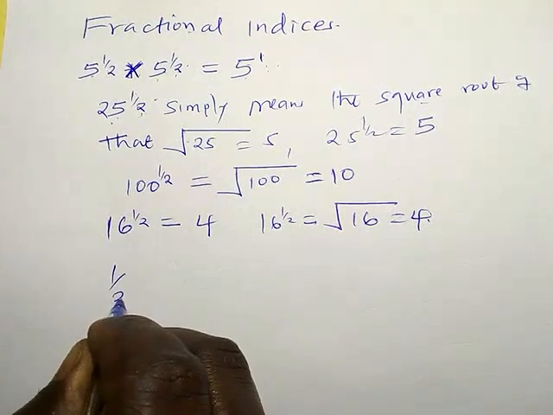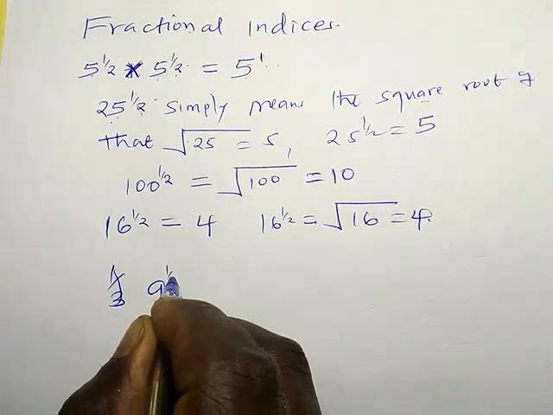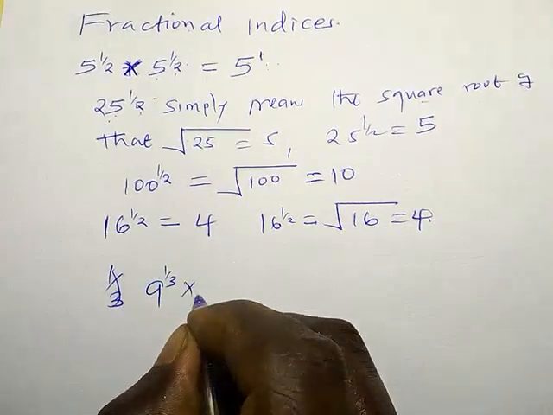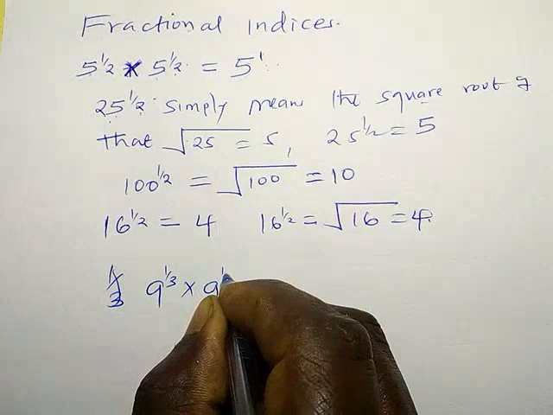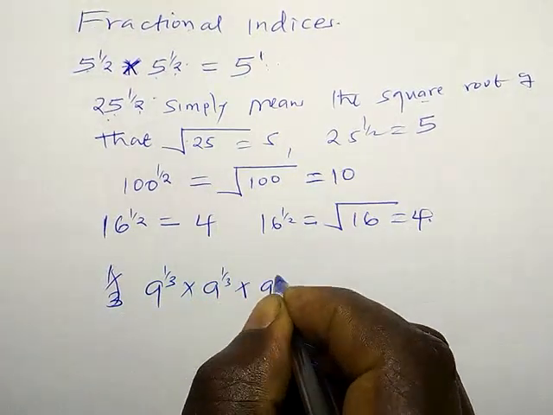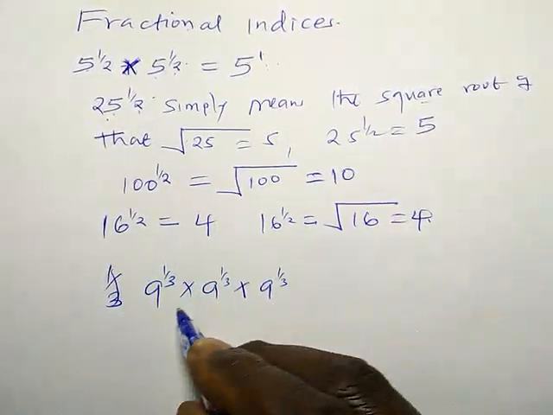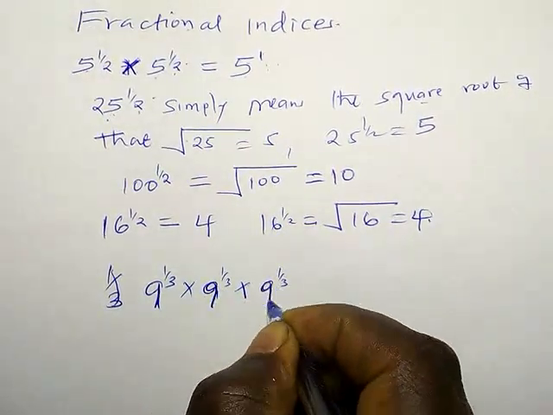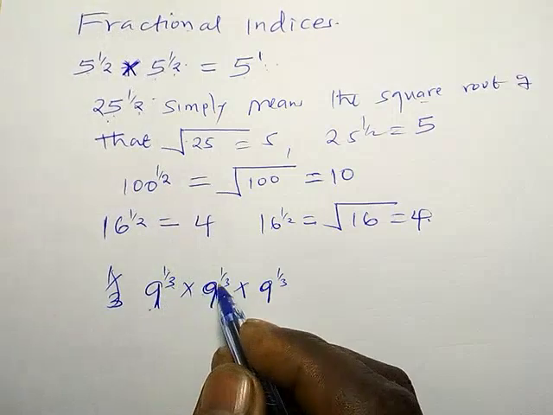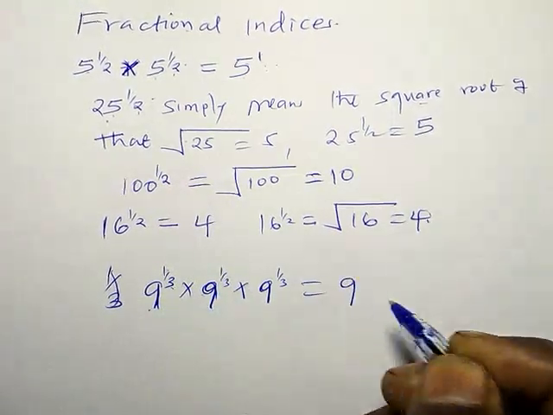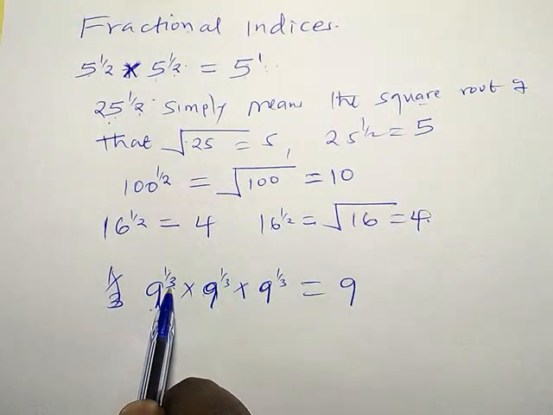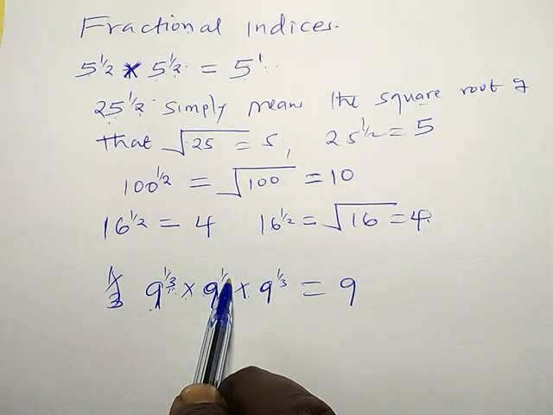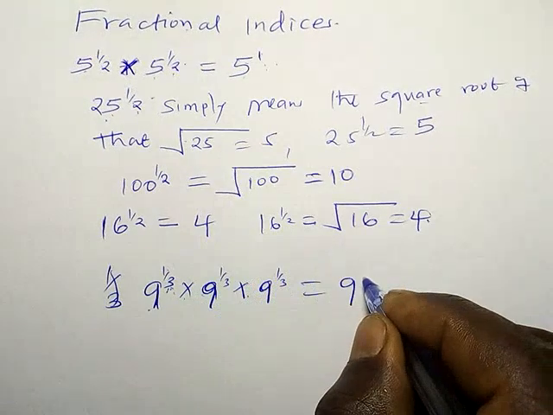Now 9 raised to power a third times 9 raised to power a third times 9 raised to power a third. The base is the same, so the answer is 9, and then you add the powers, because it is multiplication: a third plus a third plus a third. What is that? 1.